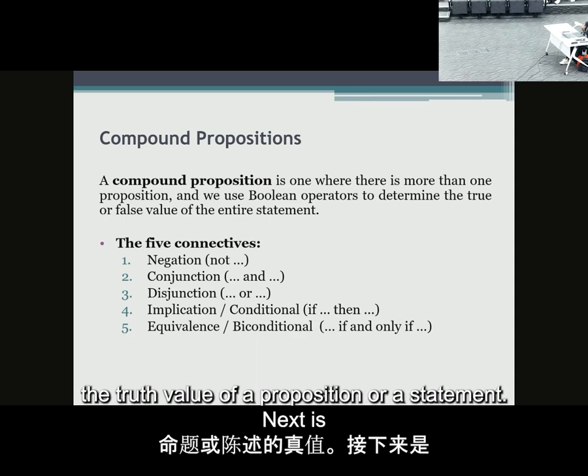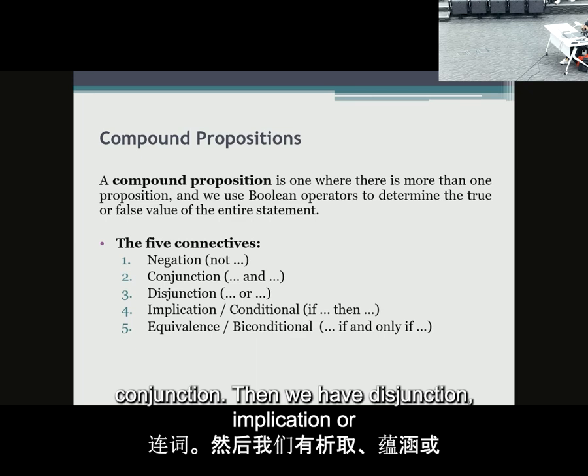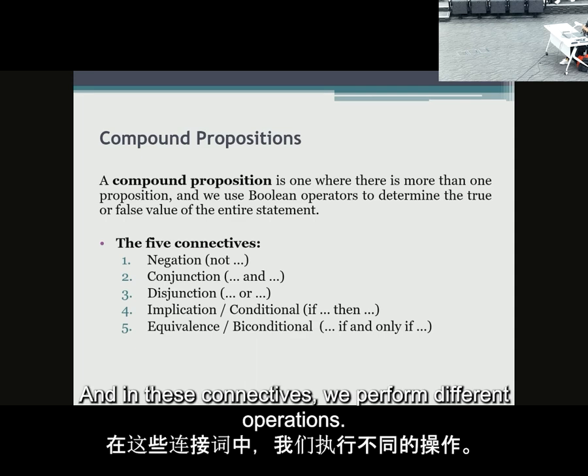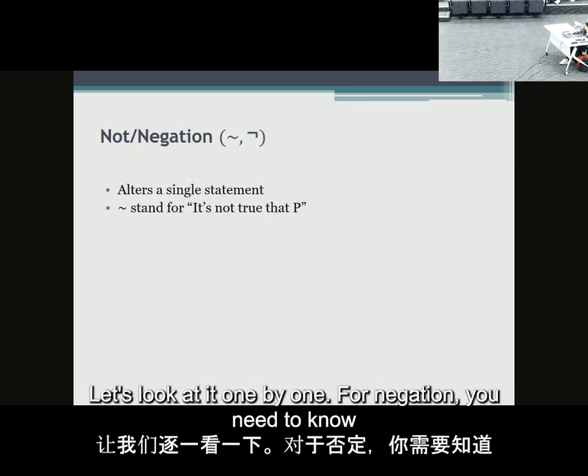It is used to alter the truth value of a proposition or a statement. Next is conjunction. Then we have disjunction, implication or conditional. Then we have biconditional or equivalence. And in these connectives, we perform different operations. Let's look at it one by one.